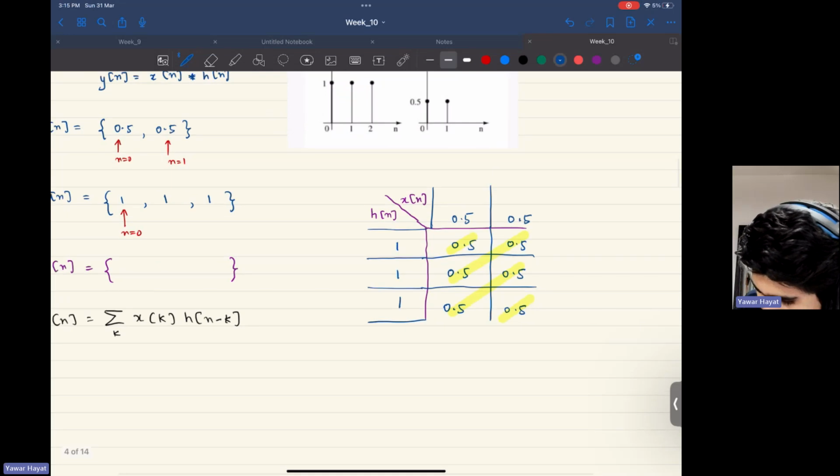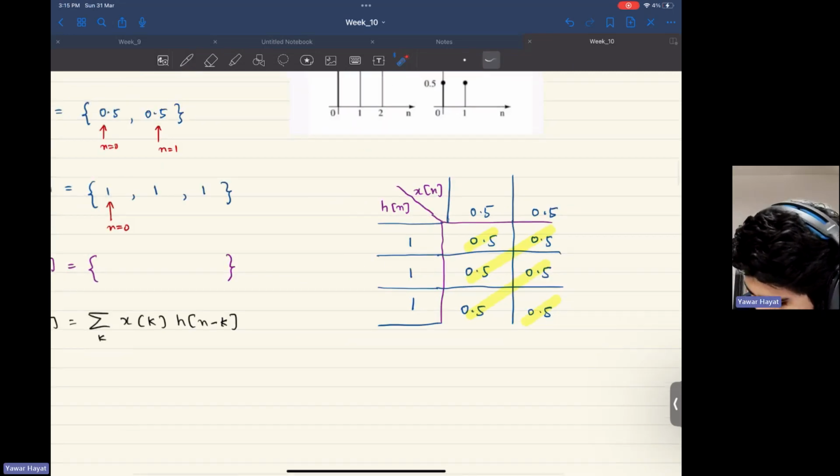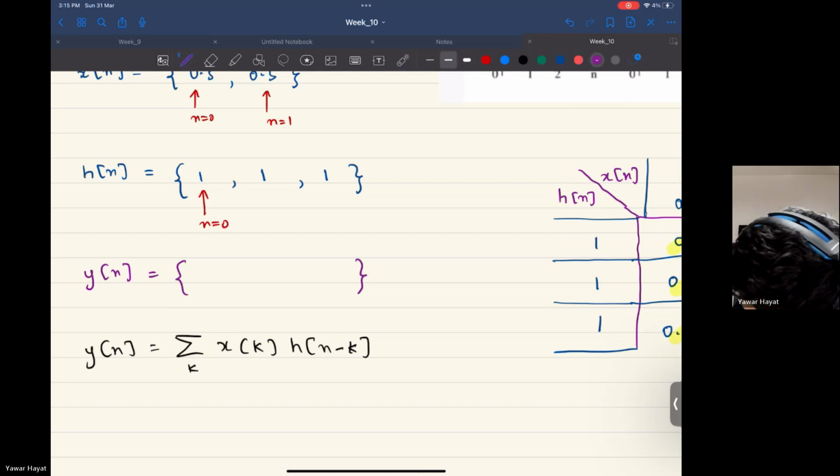So what should be the first entry of y of n? 0.5, right? Similarly, what should be the second entry of y of n?